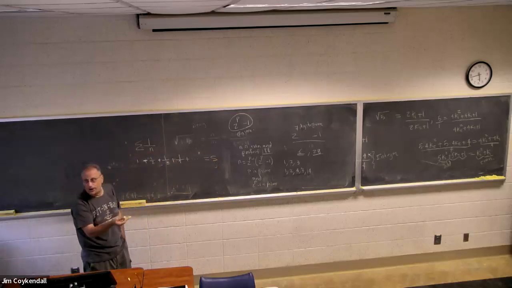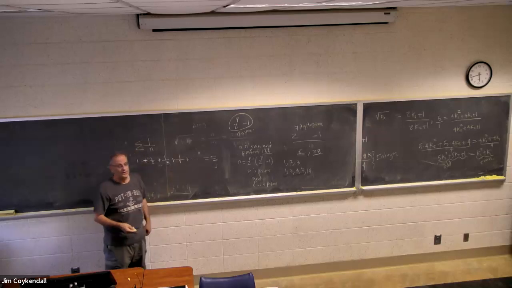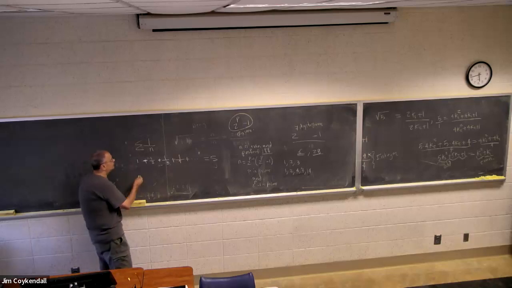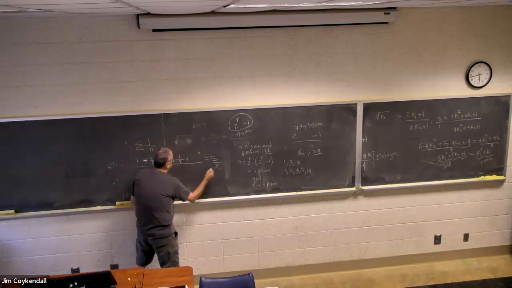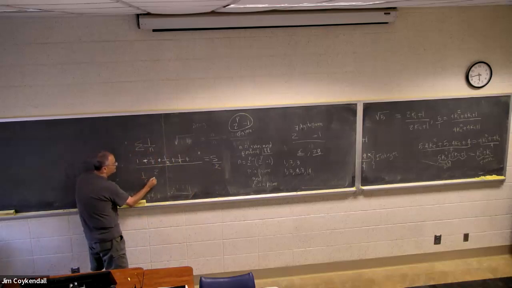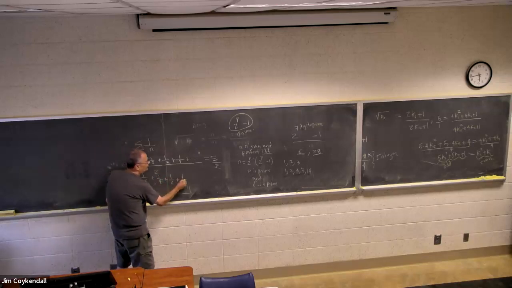So it converges to a number. Let's call it S. Okay, let's divide by 2. So we have a half plus 1/4 plus 1/6 plus 1/8.